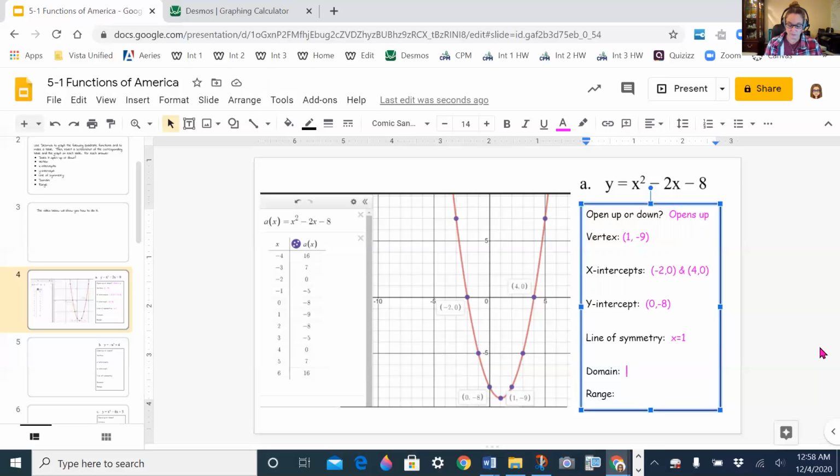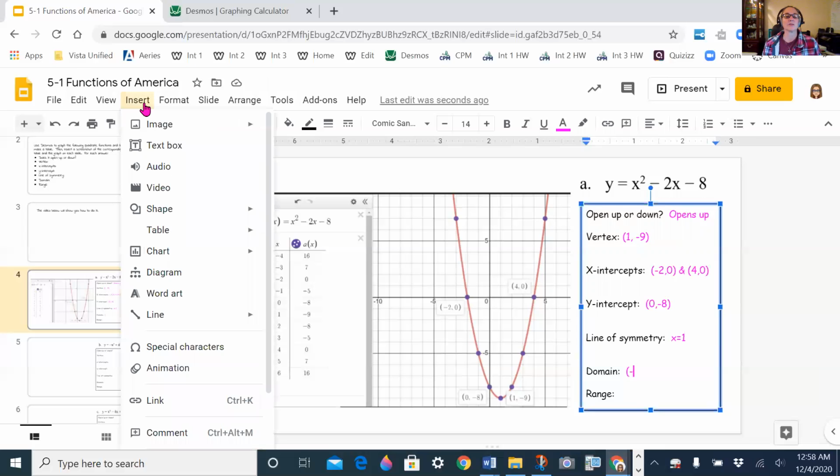So this is going to be parenthesis, negative infinity. I don't think I can get a math symbol here. Let's see, insert. Don't see any math text here.